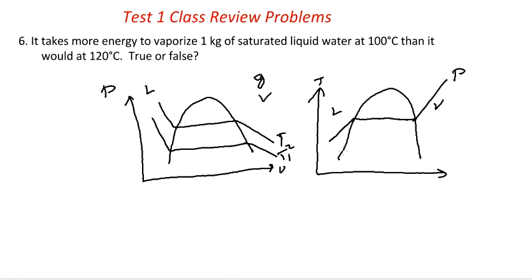Okay. Why is that? I'll say this is going to be our T2. This is going to be our T1. So this is the corresponding P2 and the corresponding P1. Alright. So why does it do that?